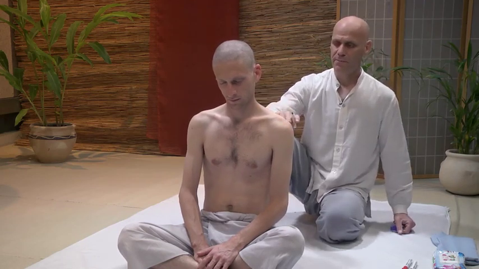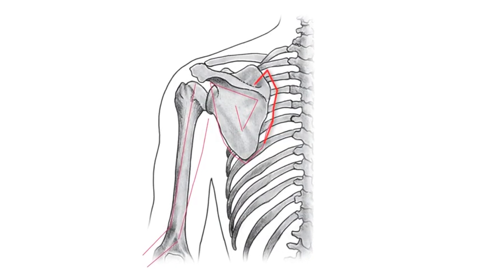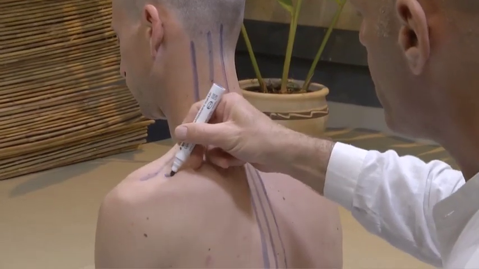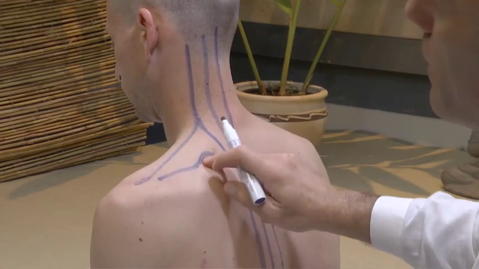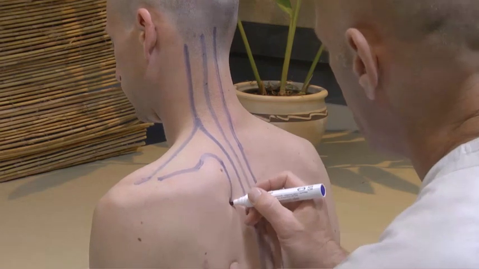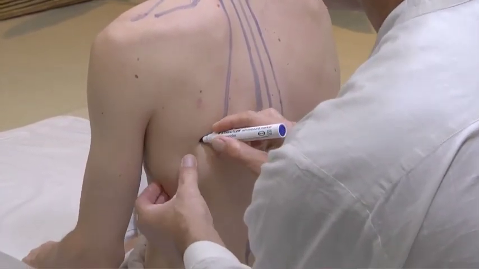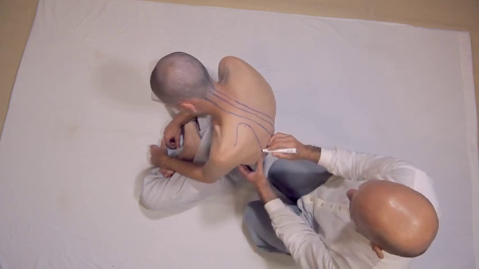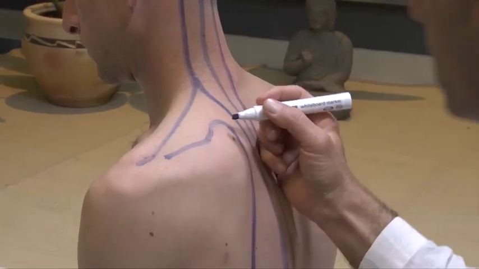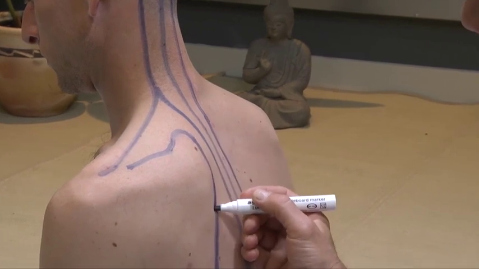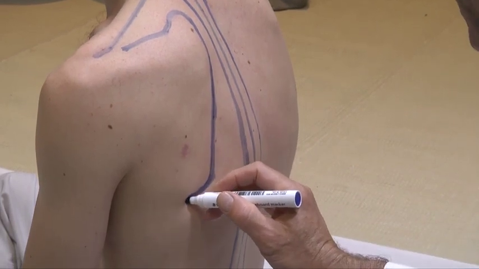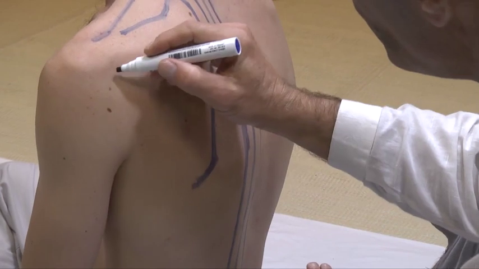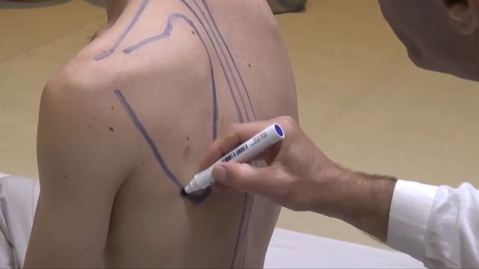Scapular line begins here above the scapular spine. It's going this way and then around the upper angle of the shoulder blade and down along the medial border of the shoulder blade, around the lower tip of the shoulder blade, and then up along the lateral border of the shoulder blade, all the way to the scapular spine.